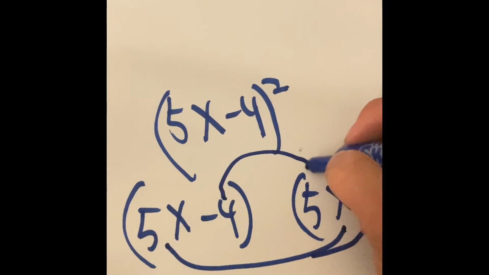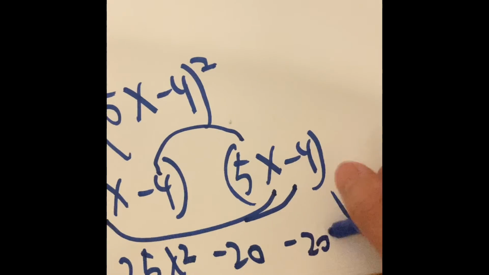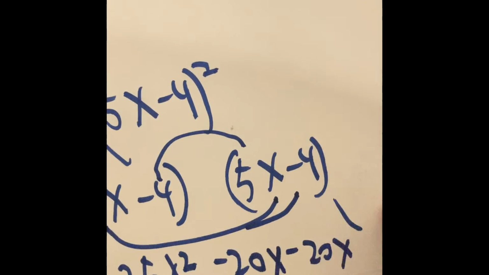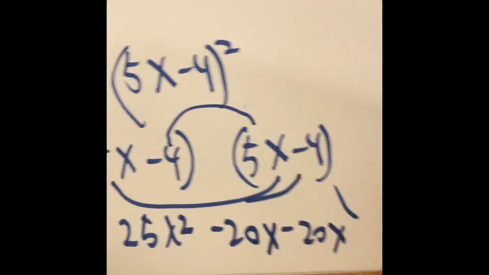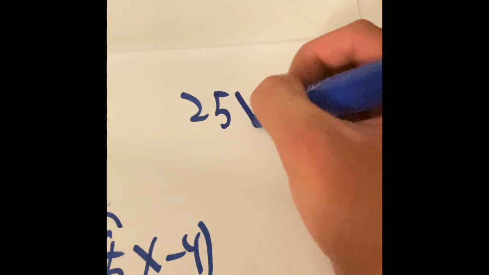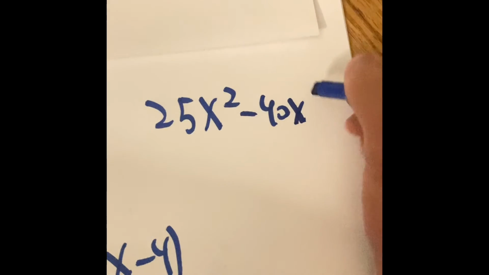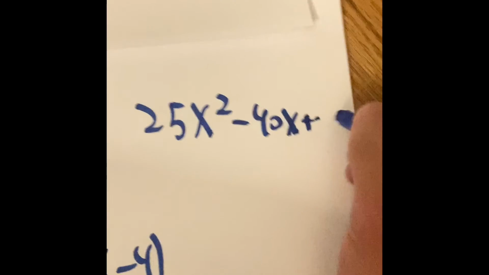Negative 4 times 5x is going to be negative 20x. And negative 4 times negative 4 is a positive 16. So our final answer is 25x squared minus 40x plus 16.